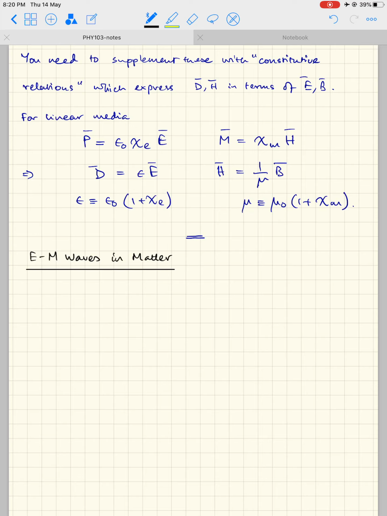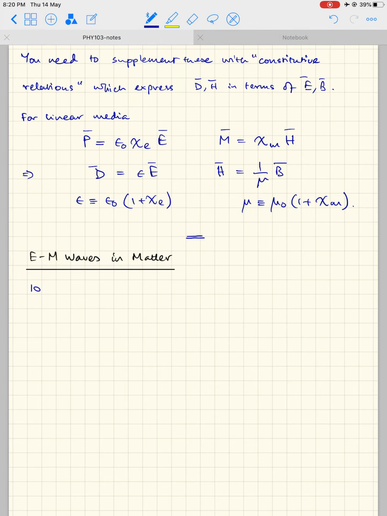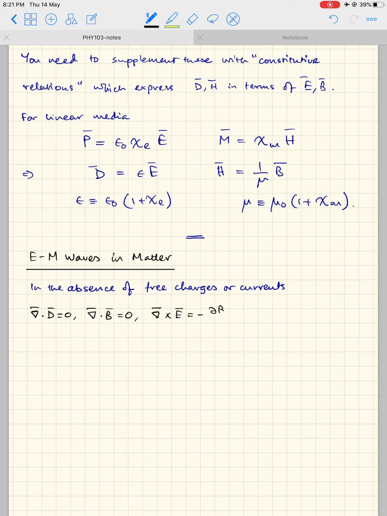So in the absence of free charges or currents, Maxwell's equations become del dot D is equal to 0, del dot B is equal to 0, del cross E equal to minus del B del T, and del cross H is equal to del D del T.